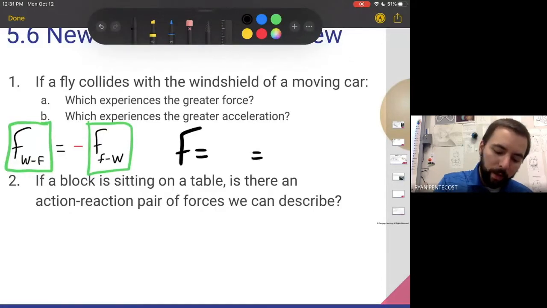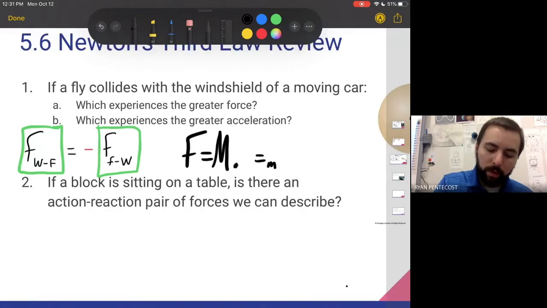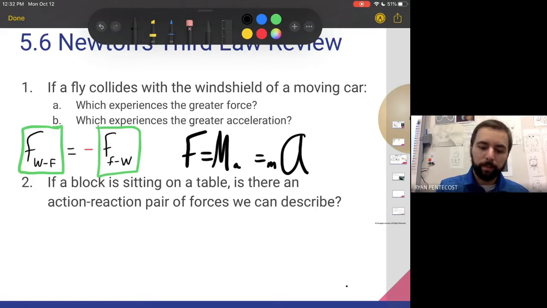So we have a very large mass on the windshield, very small mass on the fly. That means that the windshield will experience proportionally very small acceleration, and the fly will experience a proportionally very large acceleration. So this force, again, is the same force for both objects, but the one with the large mass experiences small acceleration.